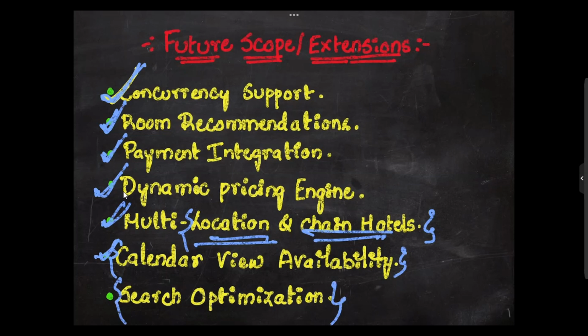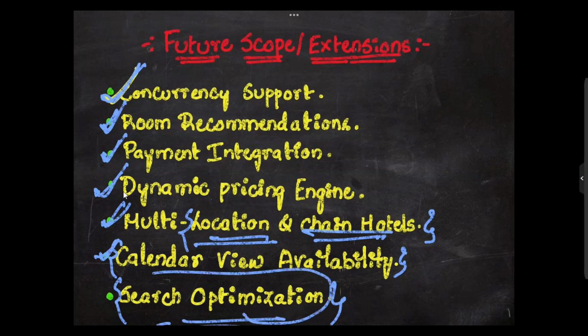The user should be able to search the hotels or the rooms based on the city and other stuff. When I say search optimization, we can implement caching, we can go with indexing as well, and we can go with geolocation for faster room searches, right? This is for the search optimization.